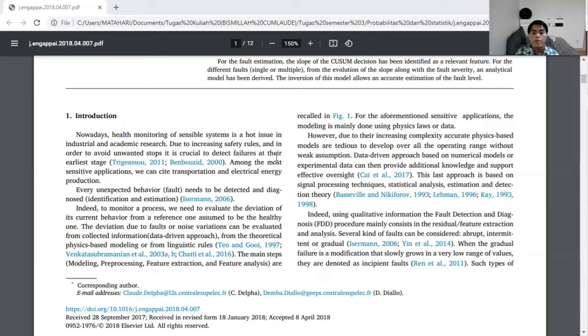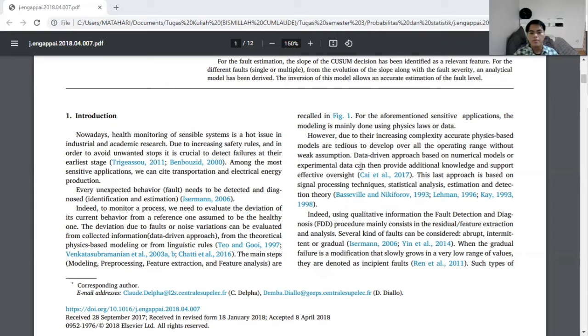For the aforementioned sensitive application, the modeling is mainly done using laws or data. However, due to their increasing complexity, accurate physics-based models are tedious to develop over all the operating range with weak assumption.